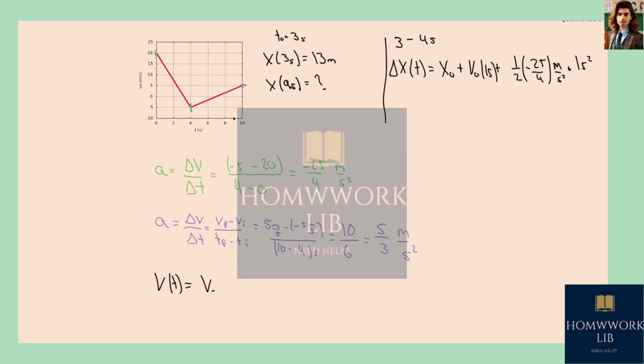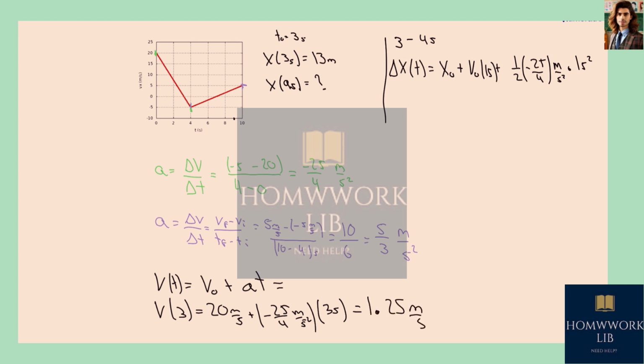So this is going to be equal to v0 plus acceleration times time. The value for my initial velocity, in order to get the velocity at 3 seconds, is going to be 20 meters per second plus minus 25/4 meters per second squared times the time that elapsed, 3 seconds. This gives us a velocity at this moment of 1.25 meters per second.